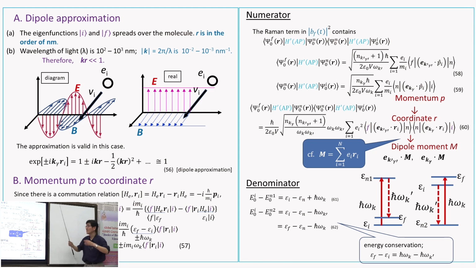And summing up, we can calculate the dipole moment. Here is the charge of the i-th particle and coordinate of the i-th particle. Since er appears twice, this part can be replaced with the dipole moment operator m.